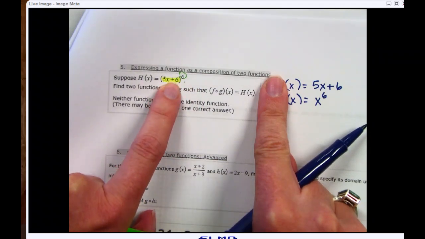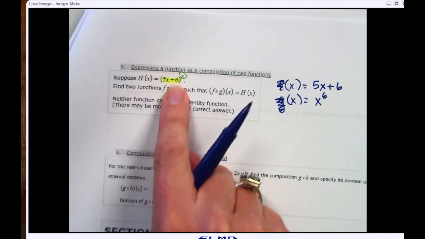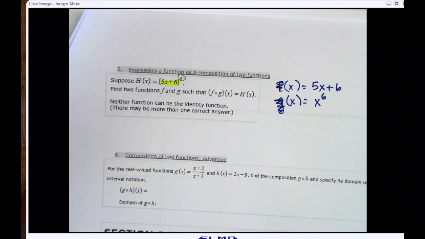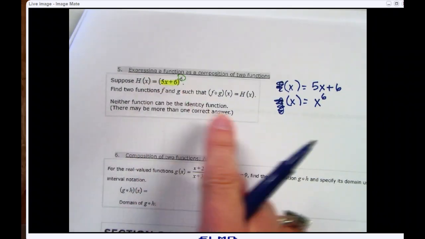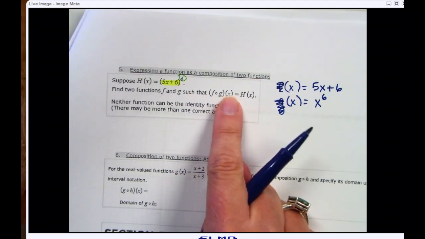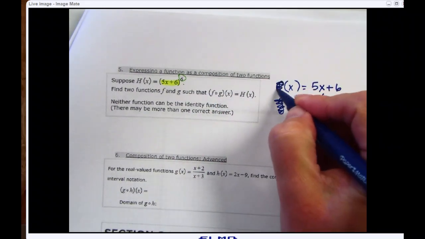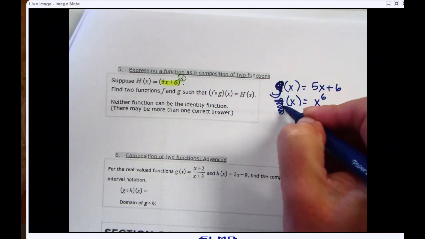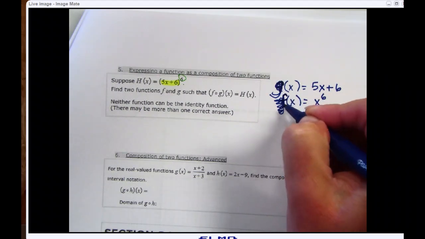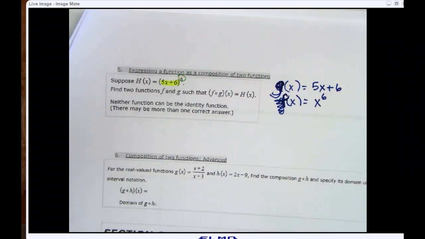Would you guys agree 5x plus 6 is inside? It's inside parentheses and it's being raised to the 6th. So this is my inner function. Which one's the inner function here? So this one has to be g, and this one has to be f. I got ahead of myself. Sorry about that.